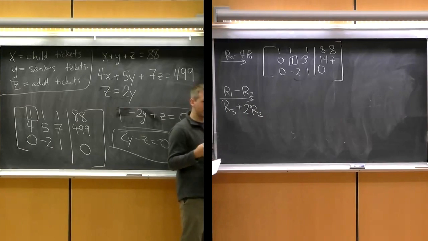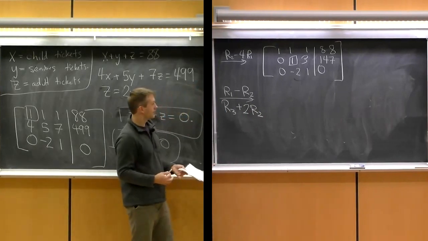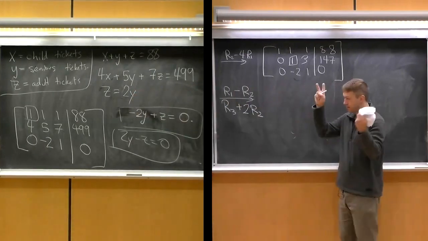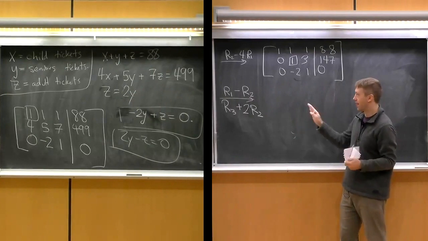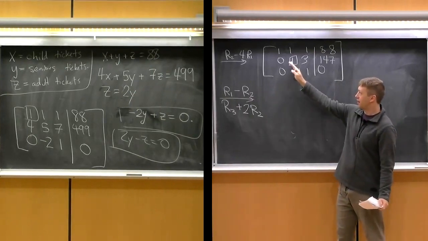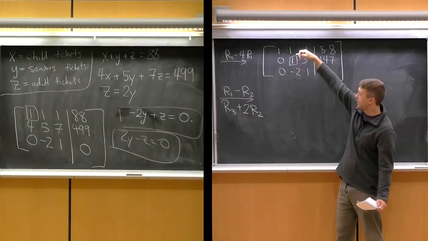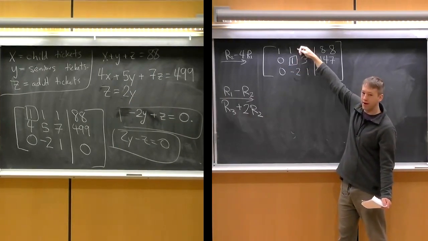So hopefully the process is becoming, I don't know, a bit clearer than it was last time at least. I'm pivoting the second column, whatever that means. I'm trying to get a 1 in the second row, second column, and then eliminate everything else from that column.